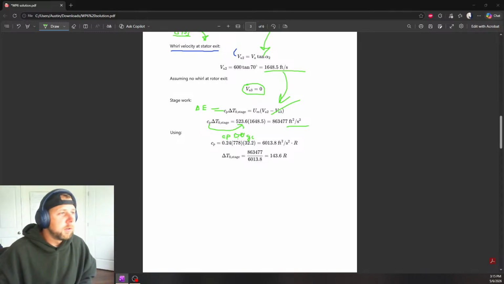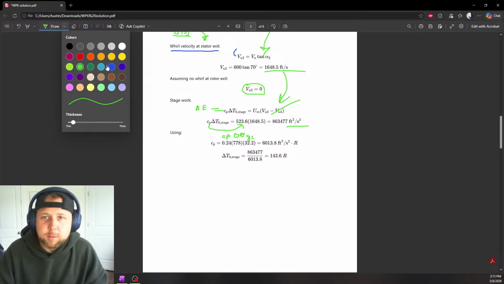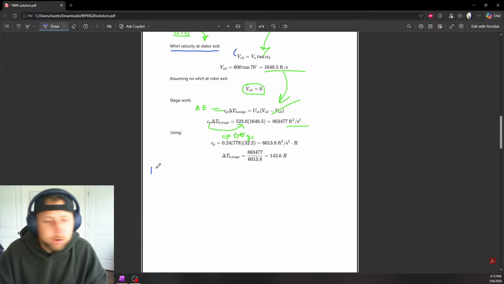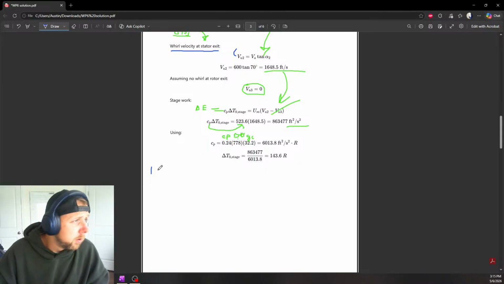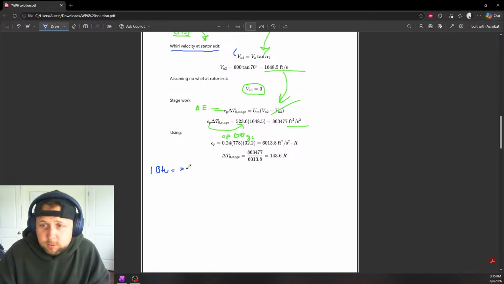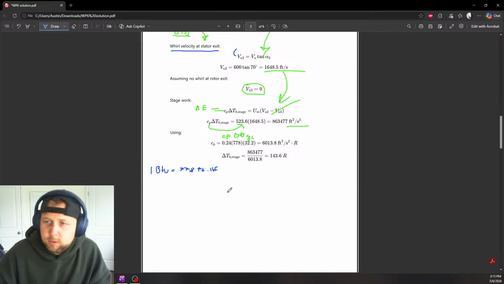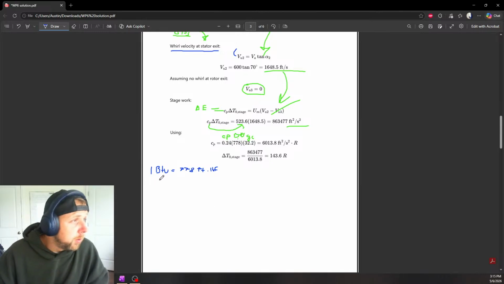Conversion factors. Okay, so I'm gonna go back to blue. 1 BTU, that's our conversion. 1 BTU is equal to 778 foot pound force. So realistically, what we're looking at in CP is in BTU per.